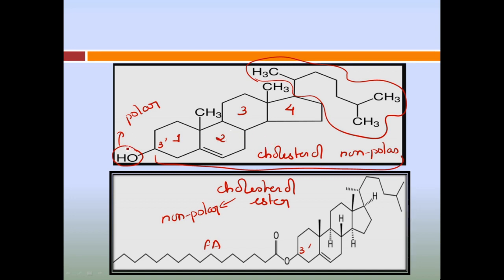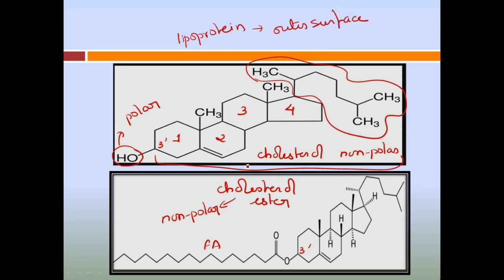Cholesterol, because of the presence of this OH group, cannot be easily transported in the blood, because for the transport of lipid, lipoprotein carrier molecule is used. When it is in free form, when the cholesterol contains an OH group, this cholesterol can only combine with lipoprotein on the outer surface of the lipoprotein.